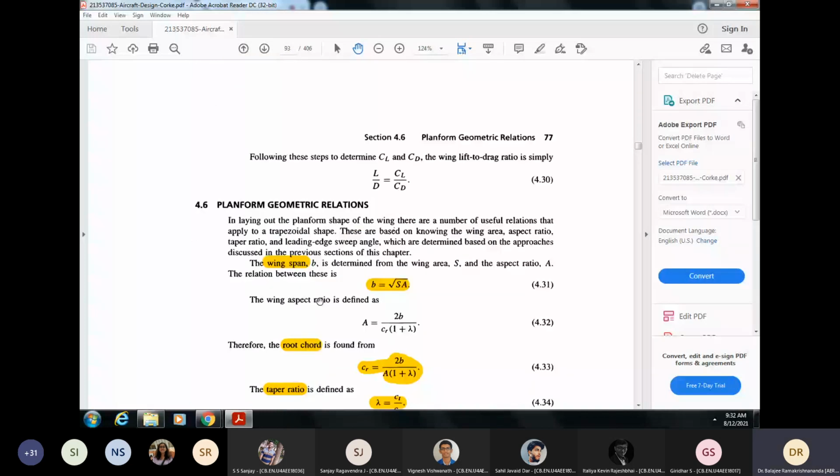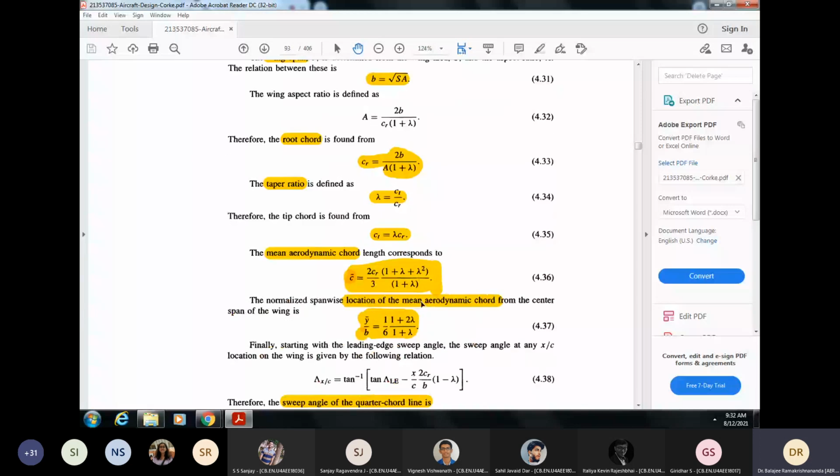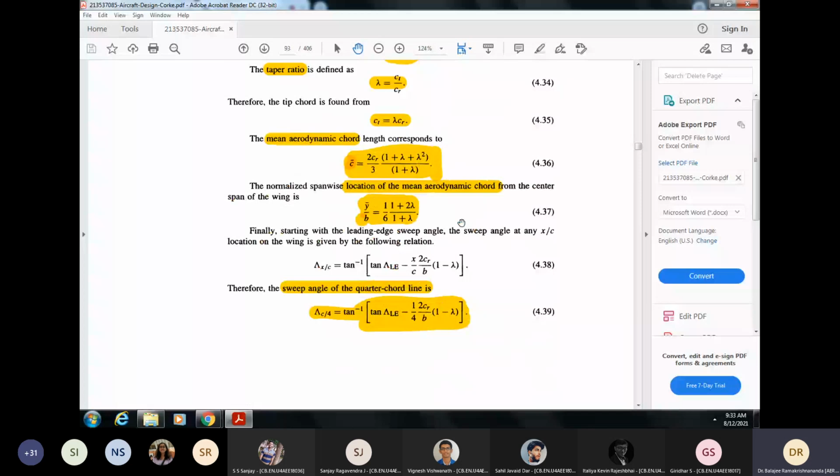So your wingspan, if you choose the aspect ratio, and these are all interrelated. Now these equations are given here. You figure out how you are going to make use of these equations. Your wing, when designed, should satisfy all these relations. This is the headache you will have.